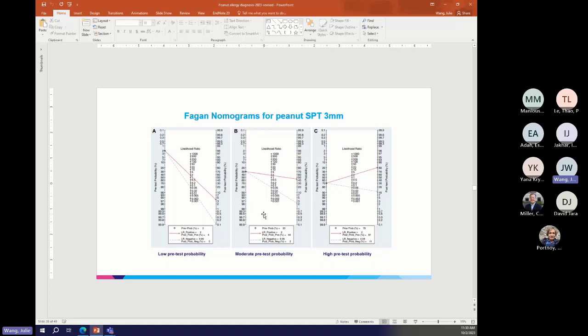It's this middle ground that we often need the most help. And while food challenge is the ultimate diagnostic tool, that is time and resource intensive.